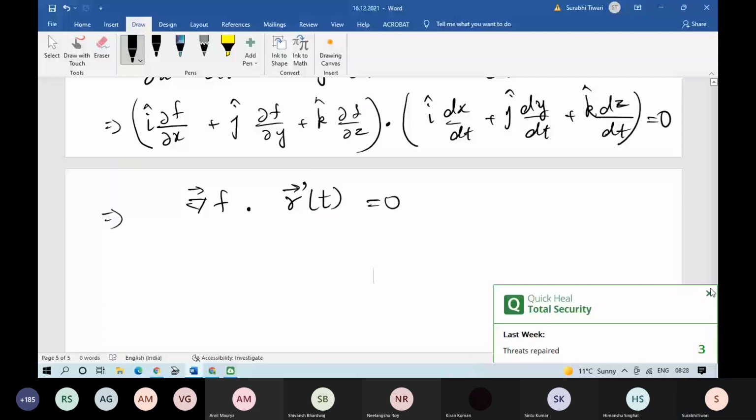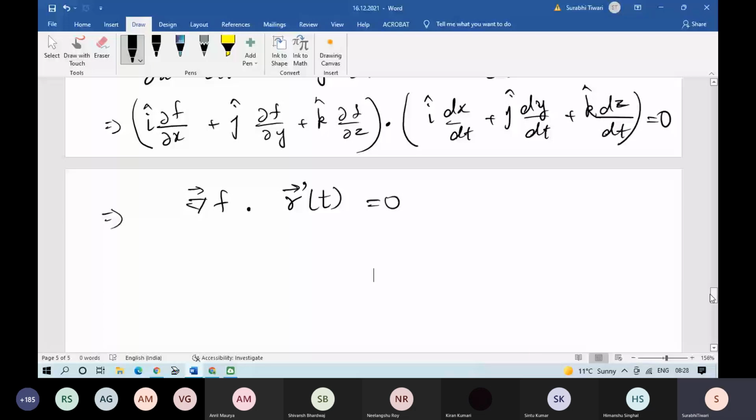And of course, we are supposing that the gradient of f and r dash t are non-zero vectors at the point P. So let at the point P, the gradient is not equal to 0 and r dash t is also not equal to 0 at P. Now, what is r dash t?